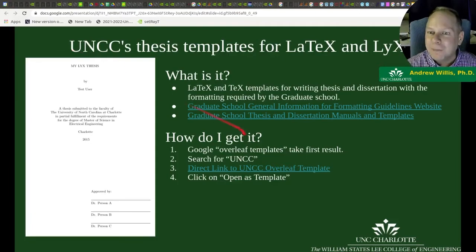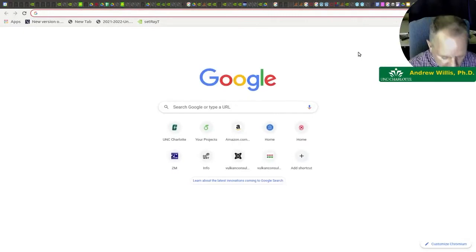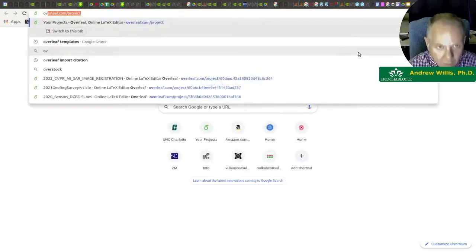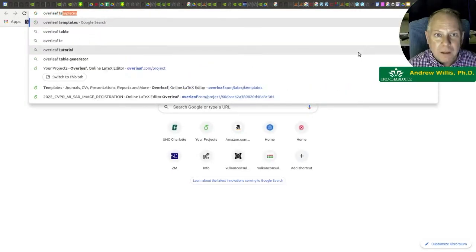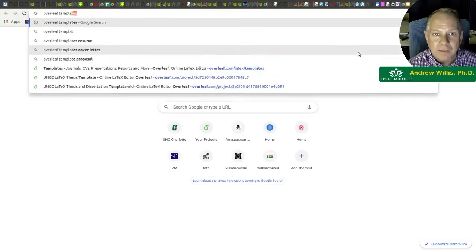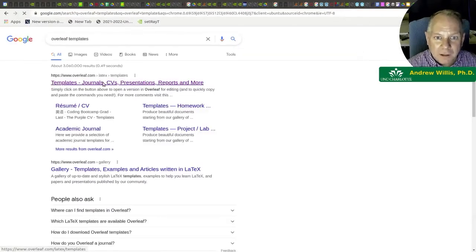All right. So towards that end, this is a slide from our last lecture. I'm going to follow the directions here. So Google Overleaf templates, search for UNCC, and then click open as template. So I'm going to go through 1 through 4 here. How is that going to happen? I type Overleaf templates, and then I click on the first link.